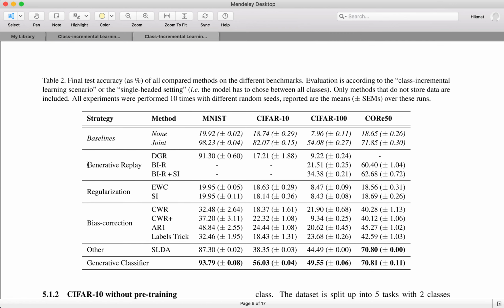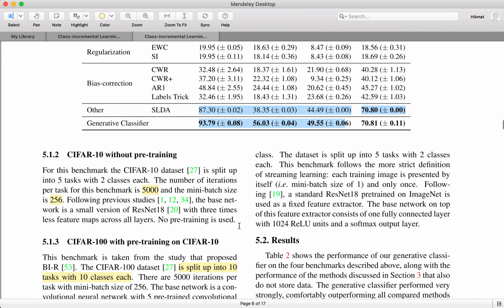They compare their model with methods that fall under the generative replay, with methods that fall under the regularization category, and with methods that fall under the bias correction, and according to their experiment their model performed well.